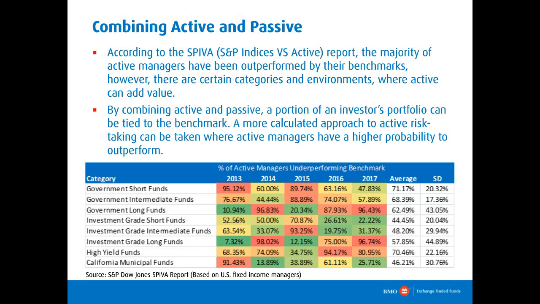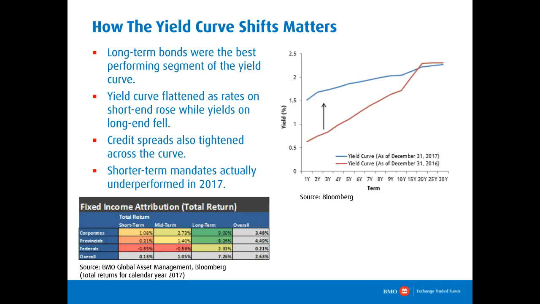Okay, perfect. Thank you. I just have a comment about duration, because I've heard some very strong arguments made recently that, on a relative basis, interest rate risk right now is much higher than credit risk.